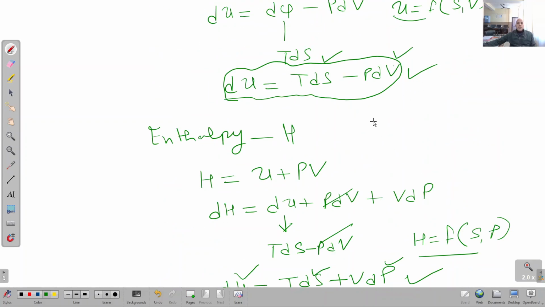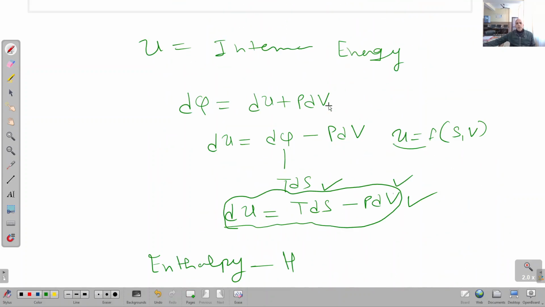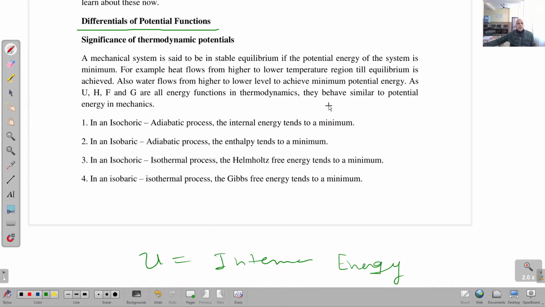These four equations are the differential forms of four thermodynamic potentials that we are going to use for the complete description of a thermodynamic system, right? Now, what is the utility of these thermodynamic potentials? What will be their significance? So, we must know what is the significance of these potentials and differential forms of these potentials.